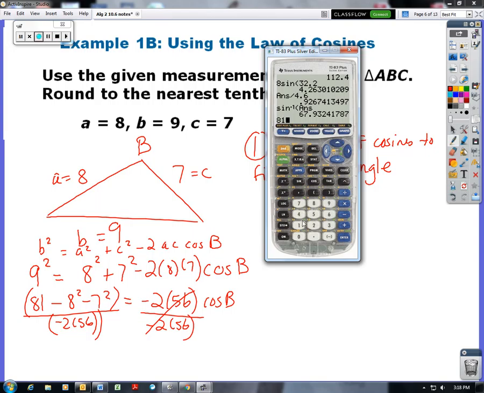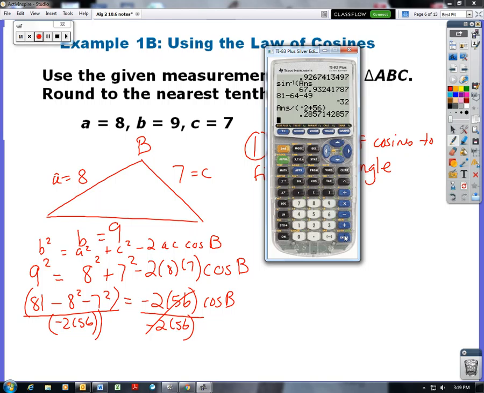So I'm going to have 81 minus 8 squared, which is 64, minus 7 squared, which is 49. Hit enter, divided by parenthesis negative 2 times 56. If you don't put it in parentheses, you're going to get the wrong answer, because you're dividing by that entire denominator. Okay, so that is equal to cosine of b.